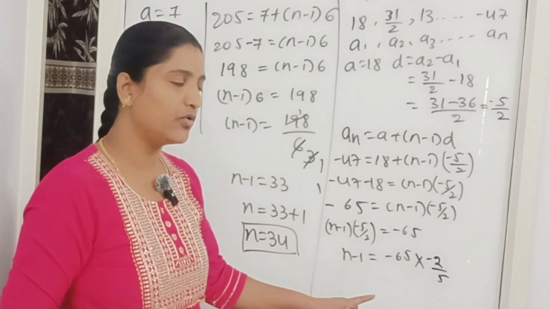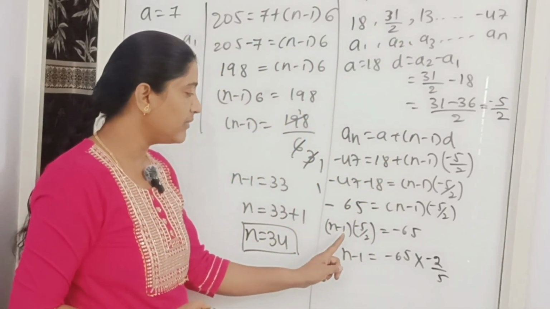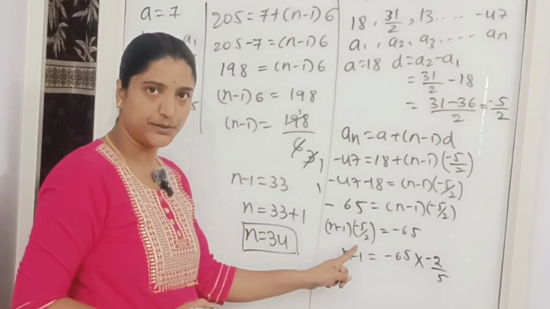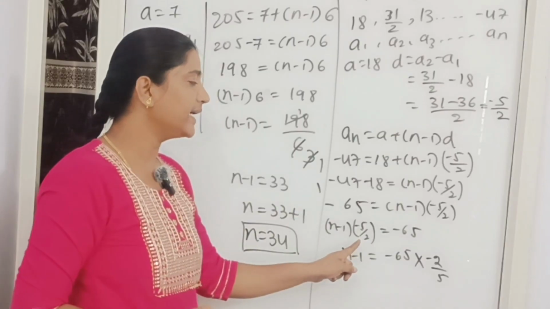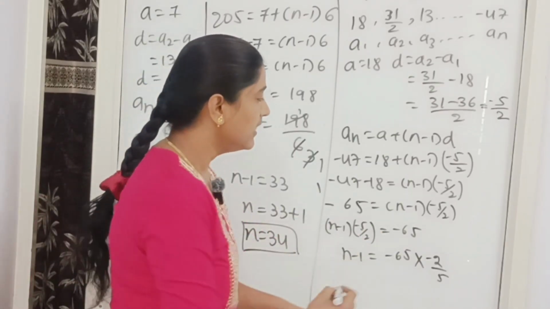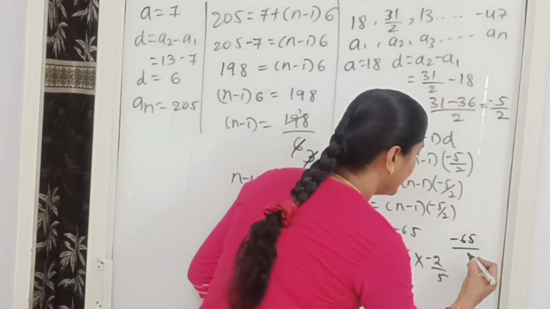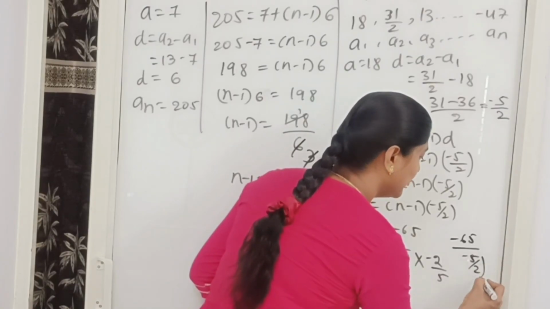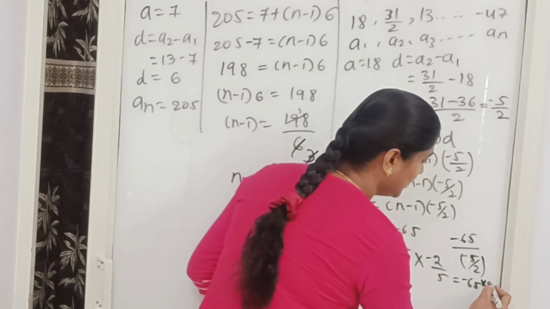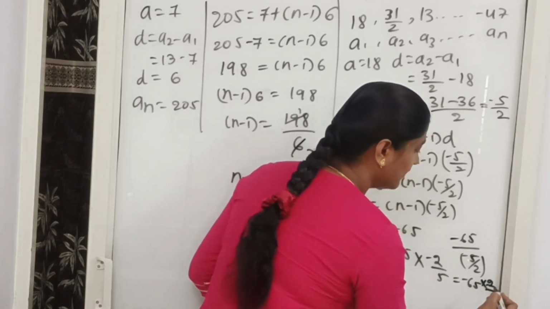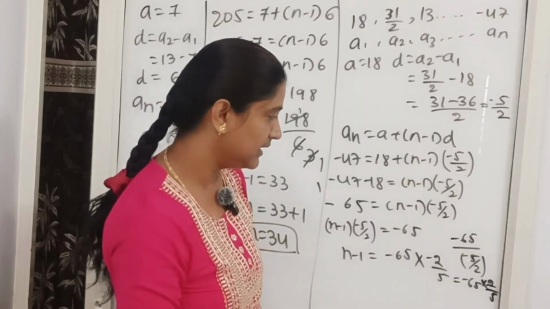Don't get confused, I am going to repeat this. See here, N minus 1 into minus 5 by 2. If I transpose 5 by 2 to the RHS, it becomes divided. Divided means minus 65 divided by minus 5 by 2 it will come. After the reciprocal, the denominator will be the numerator and the numerator will be the denominator. Clear?